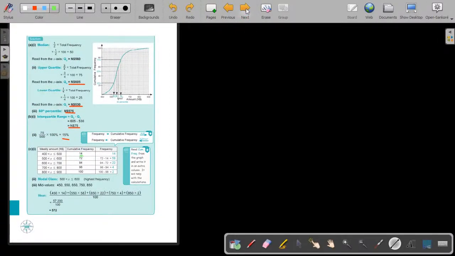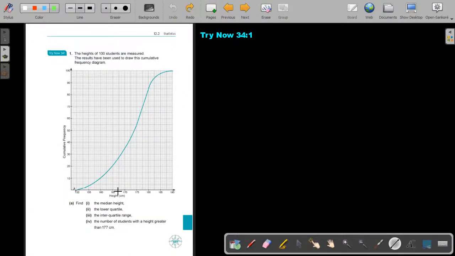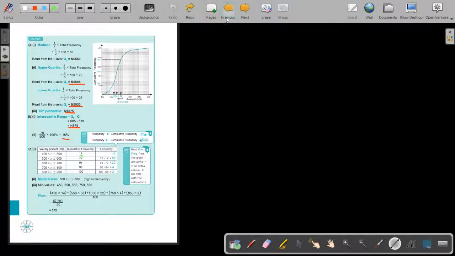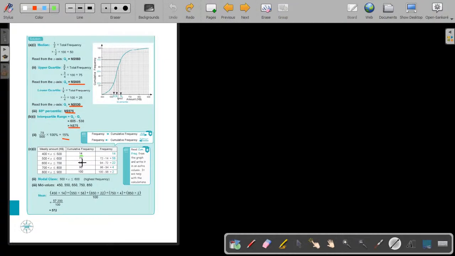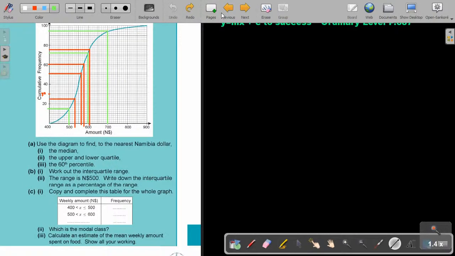And so you go on. At 700, do the same, just draw the line up where it cuts, and go like this. So this is 92, it looks like 94. There's 94. And then at 800, up.